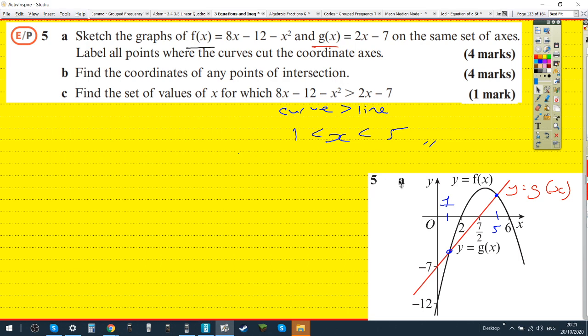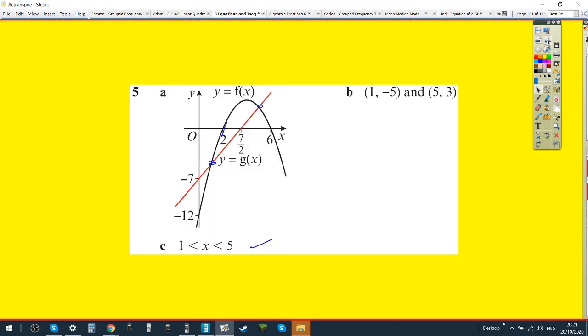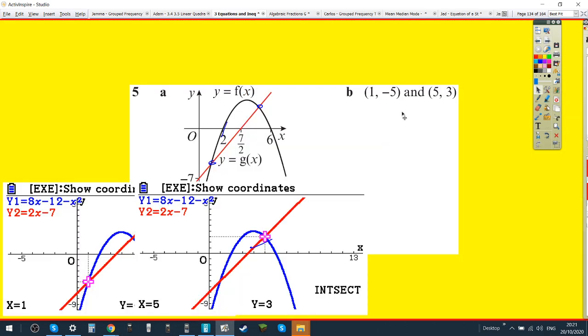Correct. So we did it in terms of x, so x is between those, but the difference with a curve is that it started down low, it went up high, but then it went back down low again. With a straight line, it would just keep going up. A curve has a turning point.